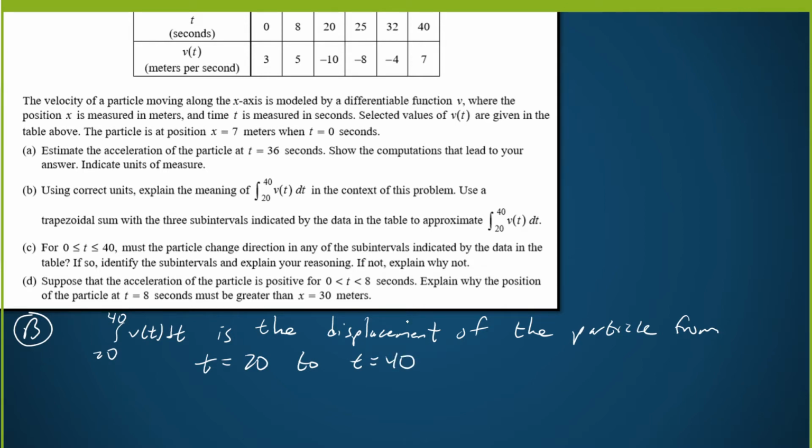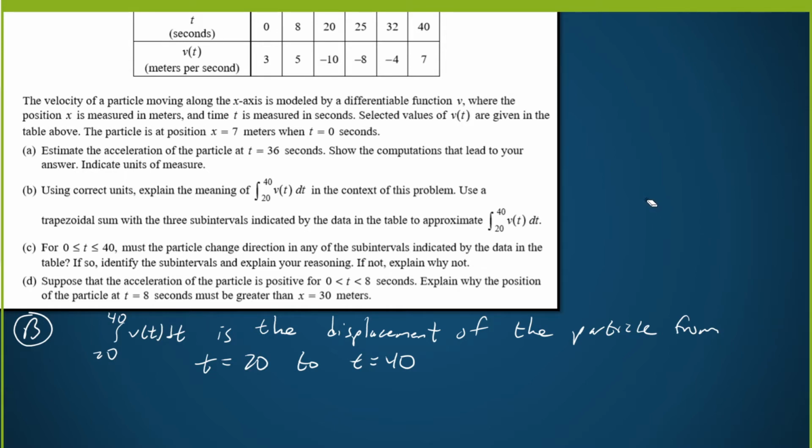Okay, the difference there is distance traveled would mean if we were here at 20 and here at 40, but we traveled there like this, and our total distance traveled would be really big, right? But our displacement would just be the difference in that position. Okay.